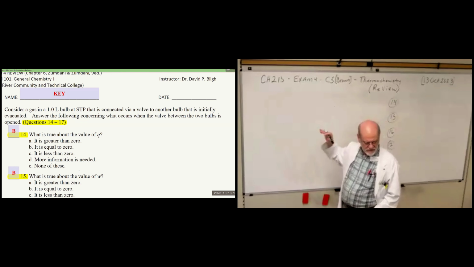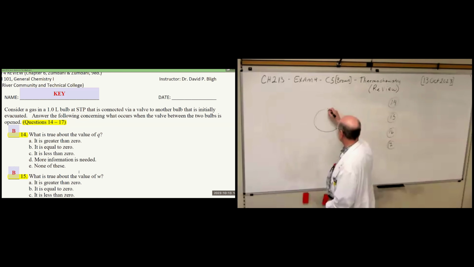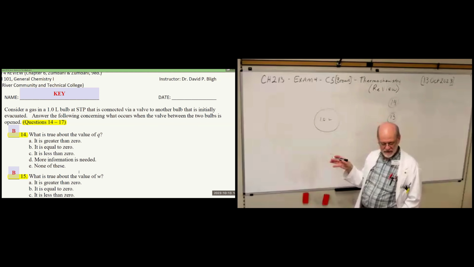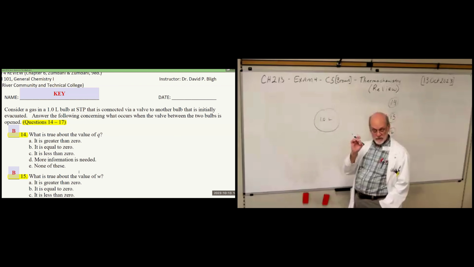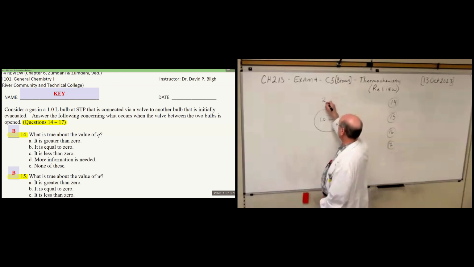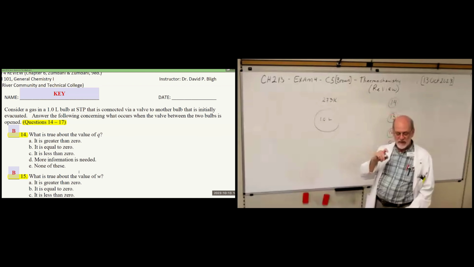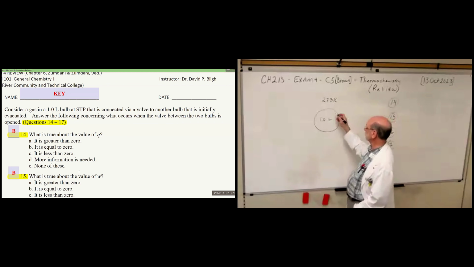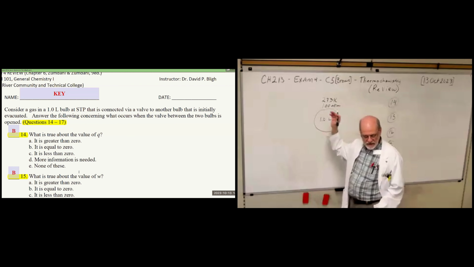Based upon these facts, a gas in a 1 liter bulb, so this is 1.0 liters, got a gas in there, at standard temperature and pressure. So what's standard temperature and pressure for a gas? Standard temperature is 0 degrees, 273 K. And pressure? Yeah, Kelvin. Pressure is 1 atmosphere. Okay, those are the conditions.